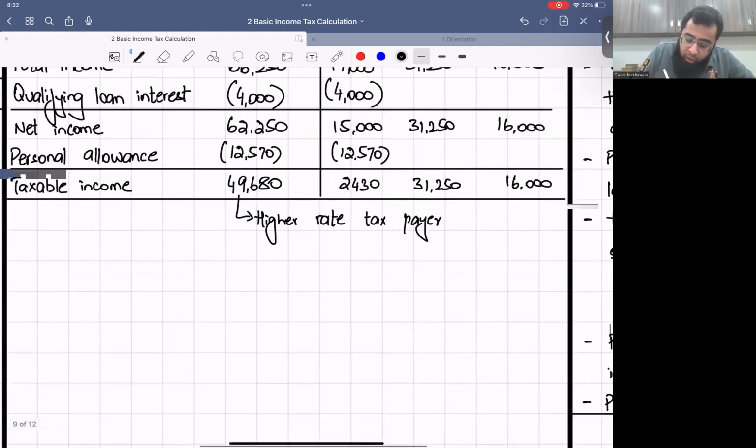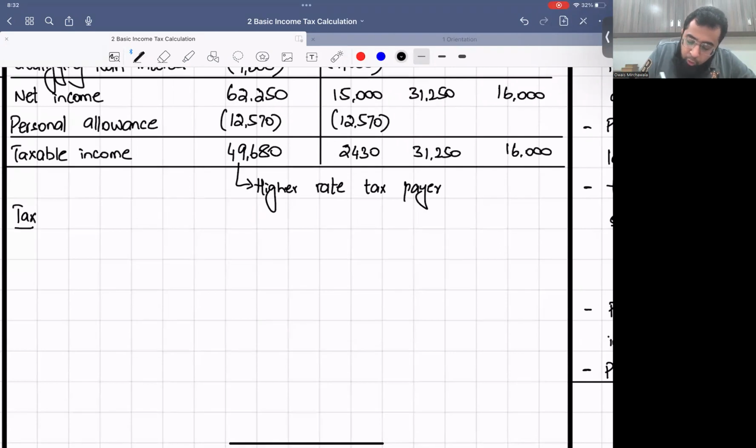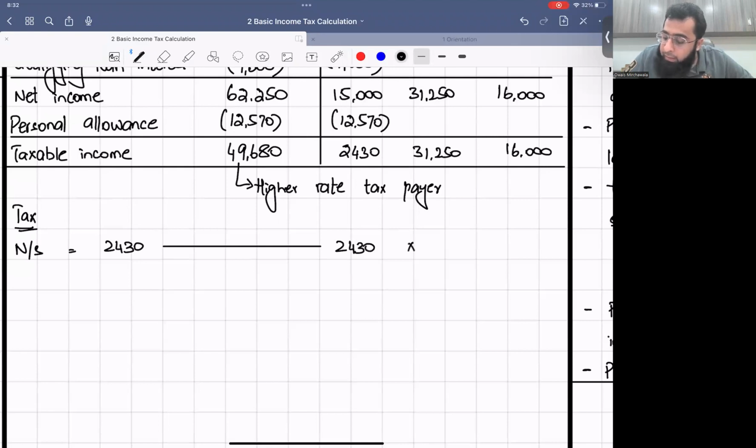Okay, now let's charge tax on it. I want you all to concentrate on non-saving. Non-saving is 2,430. Obviously, it's in basic rate band because basic rate band is still 37,700. So 2,430 into 20%, this gives us 486.